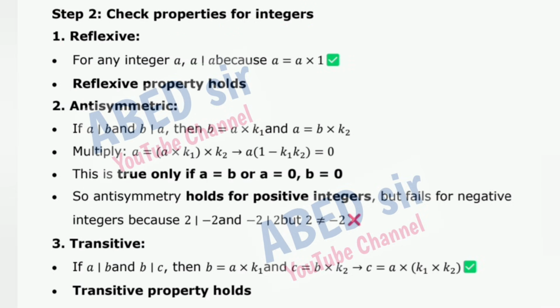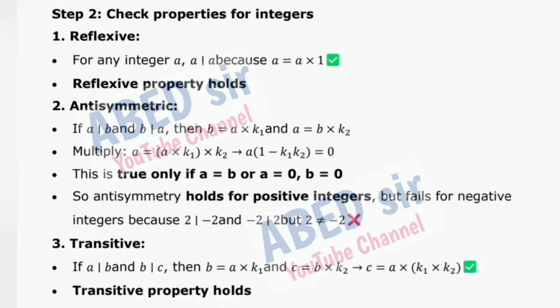Step 2. Check properties for integers. 1. Reflexive. For any integer a, a divides a because a is equal to a times 1. Reflexive property holds. 2. Antisymmetric. If a divides b and b divides a, then b is equal to a times k1 and a is equal to b times k2.